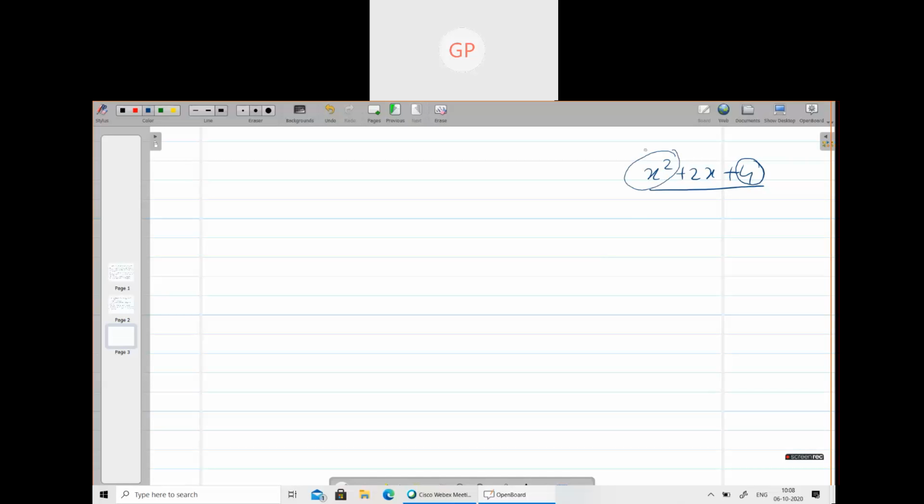Yes, ma'am. When you have four values, what will be the maximum degree you can achieve? Three. When you have five values, what will be the degree? Four. Then, if you have n plus 1 values, then n is the degree. n is the degree. You understand this?